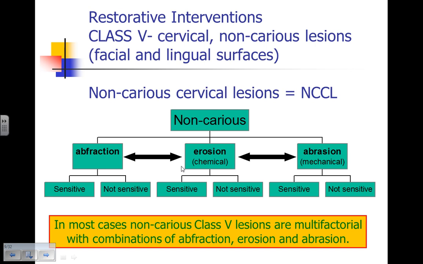In fact, what characterizes abfraction, erosion, and abrasion is these lesions may be sensitive or not sensitive. They may be shallow or they may be deep, and in fact those categorizations help us determine what interventions we're going to recommend to the patient, what we are going to treatment plan for these lesions on the facial and lingual surfaces.